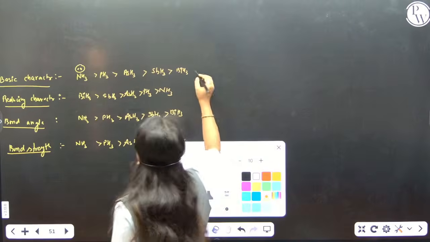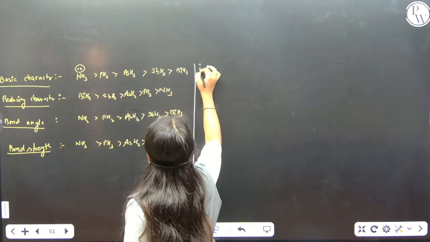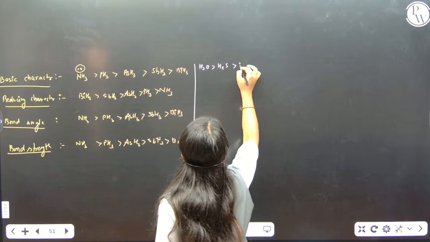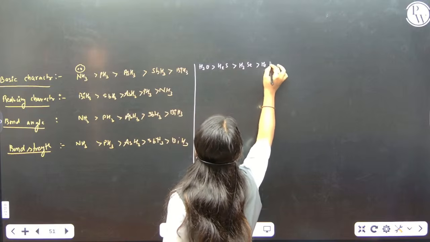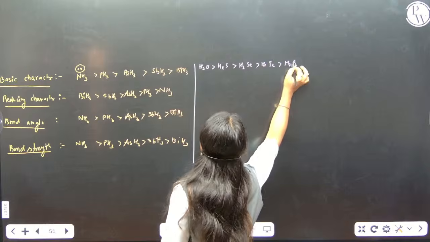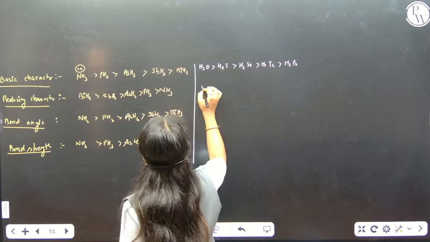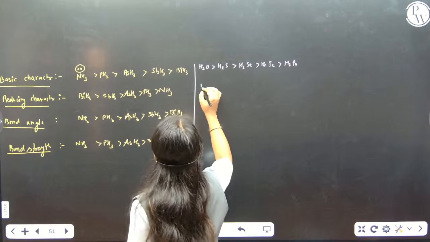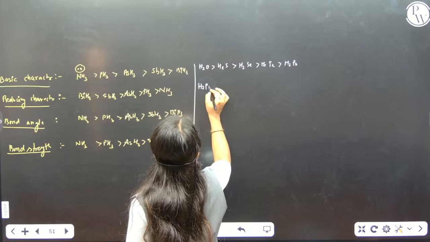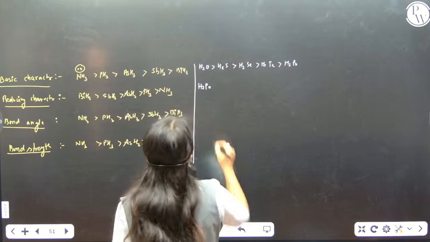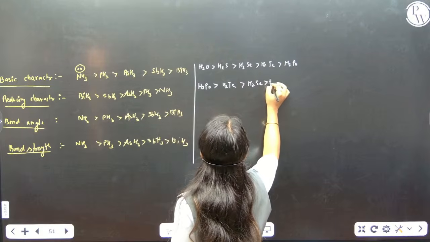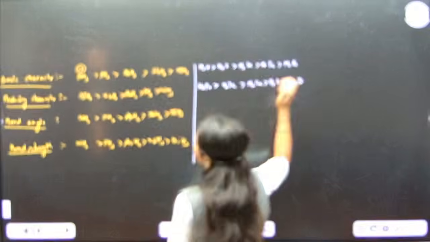So here, the same with H2O, right? Oxygen, H2S, sulfur, selenium, tellurium, and polonium. And basic character, reducing character, sorry: polonium, tellurium, selenium, sulfur, and water.